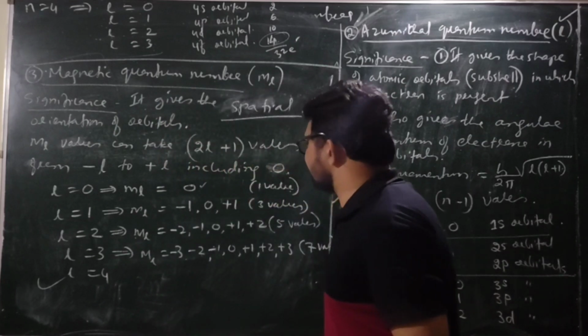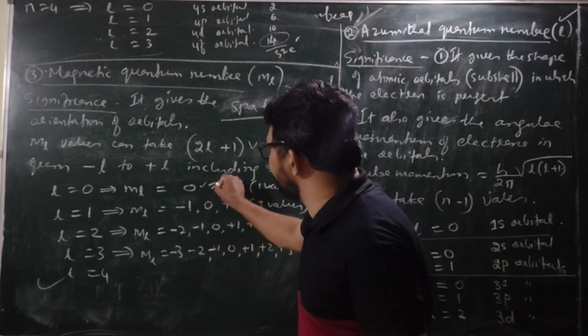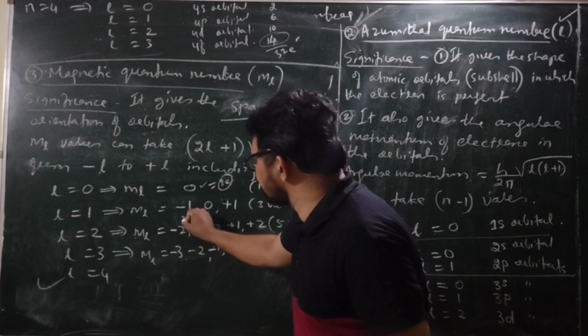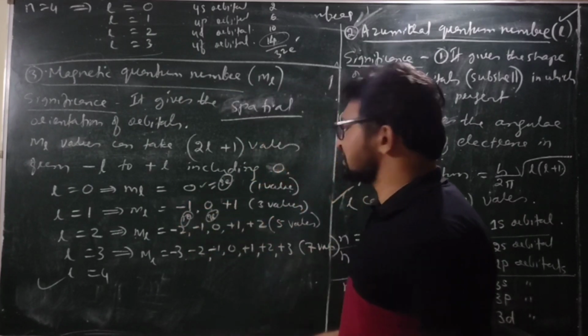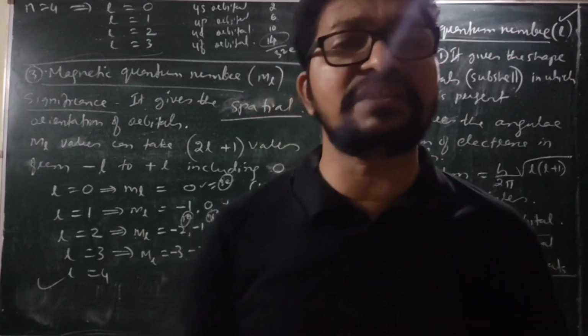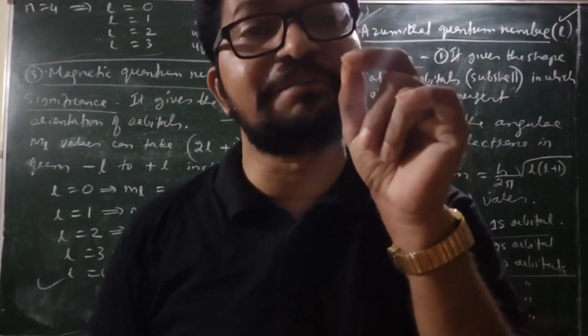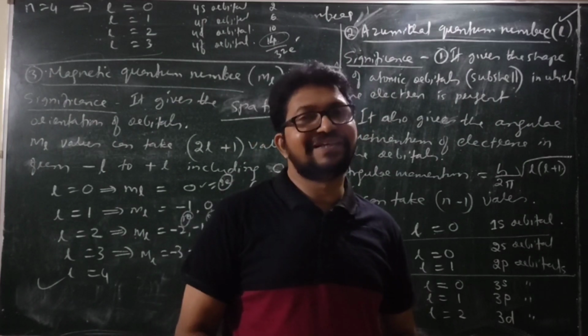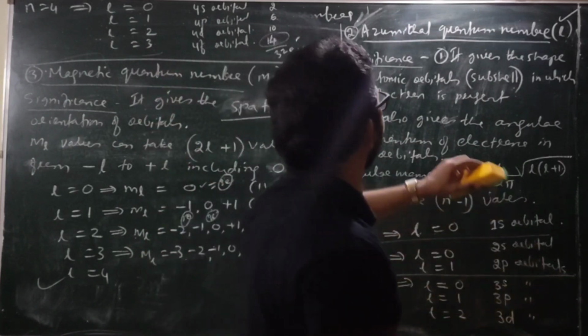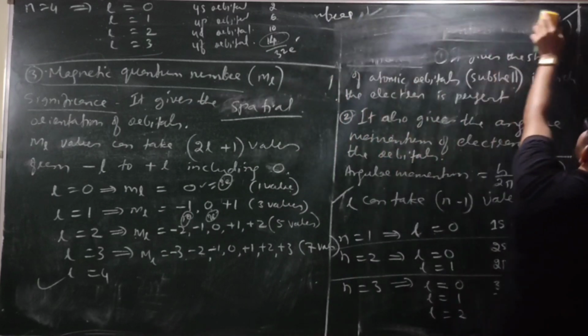See students, at the end of each value, how many electrons are there? 2 electrons, 2 electrons, 2 electrons. Each orbital has how many electrons? 2 electrons. But I want a particular electron. Then I require the last quantum number. So what is that?